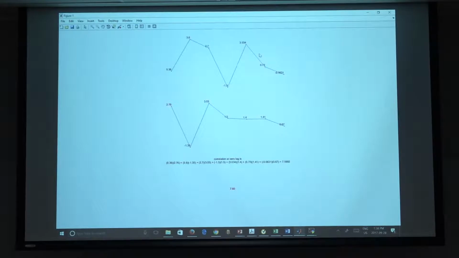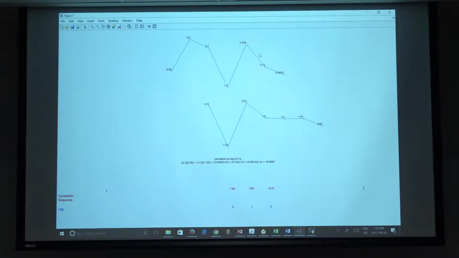It's a discrete function. So this value of the function times this one, plus this one times this one, plus this one times this one. So at this time shift, at time 0, that's the value, 7 point something. Then suppose that I shift it, and then compute again this quantity. And I just keep going.